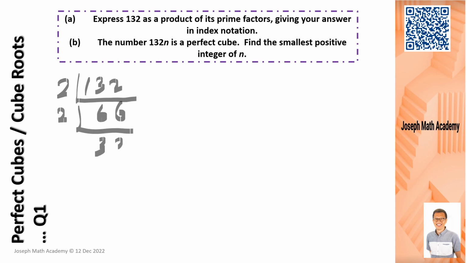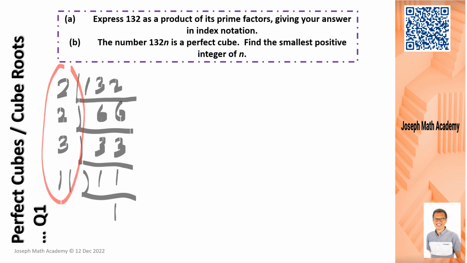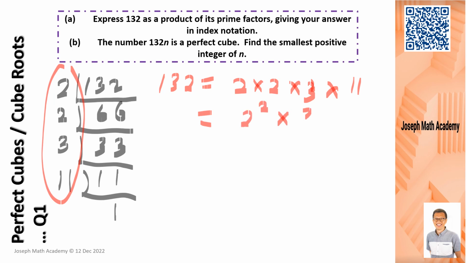Moving on, we can still divide it by 2 to get 33. 33 is an odd number, so we have no choice but to move up to the next prime number, which is 3, and that gives us 11, and 11 is a prime number. We stop when the quotient is 1. So over here we can see very clearly that 132 is 2 times 2 times 3 times 11, meaning it is 2 squared times 3 times 11. So A is completed.